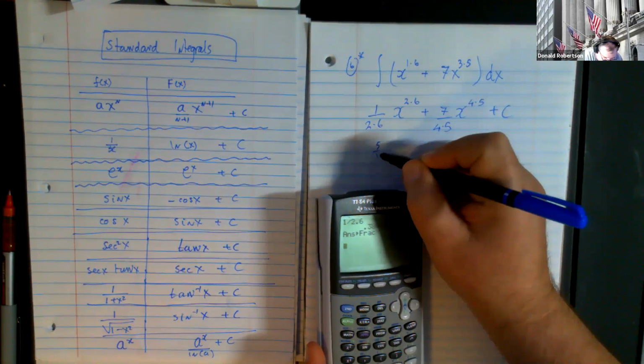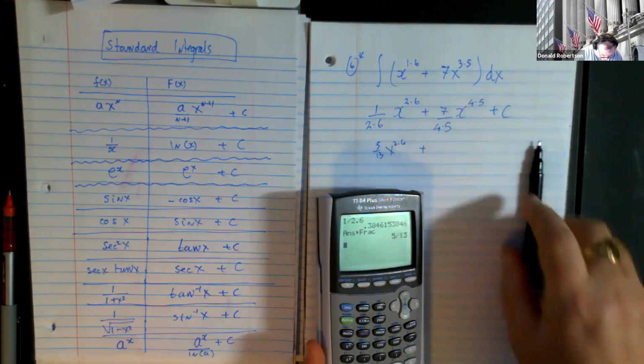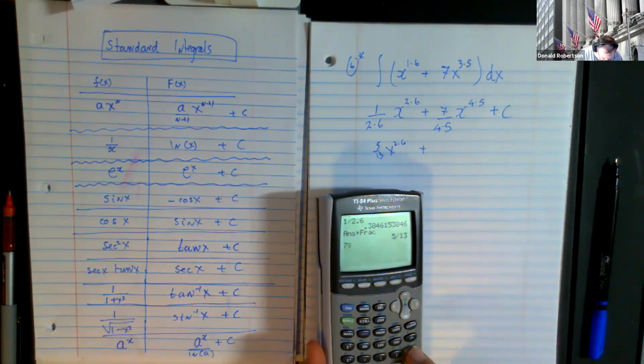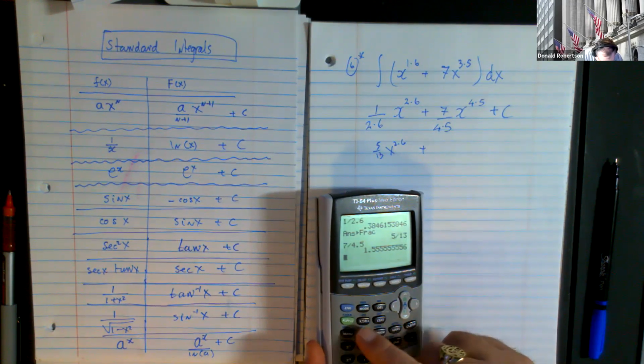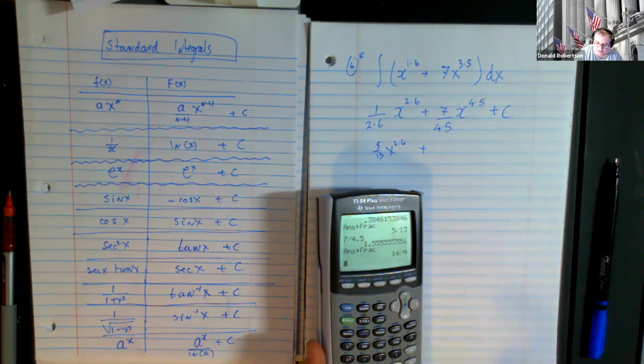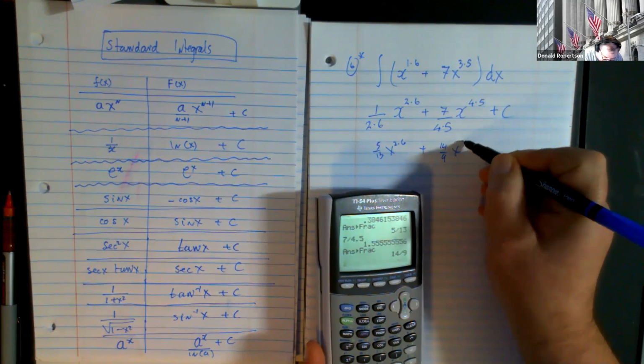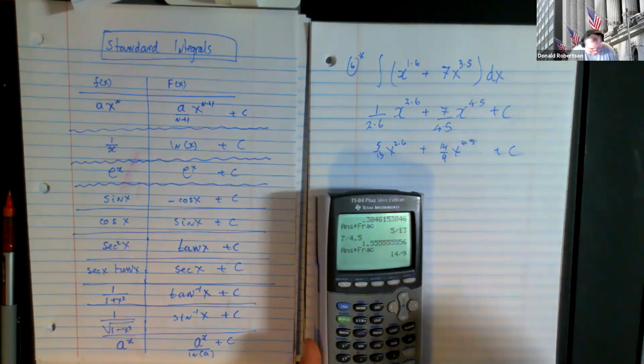So I get 5/13ths in this guy. And 7 over 4.5, 7 divided by 4.5 is that ugly decimal. Then you go math, option 1, and you get 14/9. And that's the style points finished. In fact, that's that question finished.